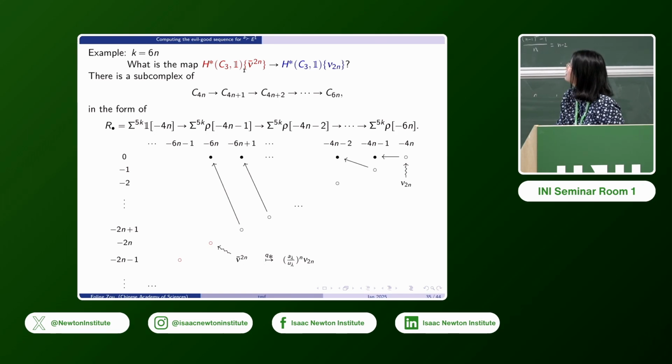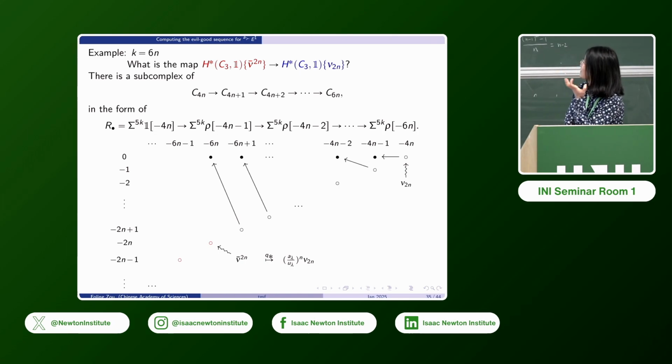So in the total thing, you only have elements starting from here. From here to here, the map is that this element maps to A lambda over U lambda Vn times this element. And these elements don't exist in here because they are mapped by the connecting homomorphism to some transfer elements.